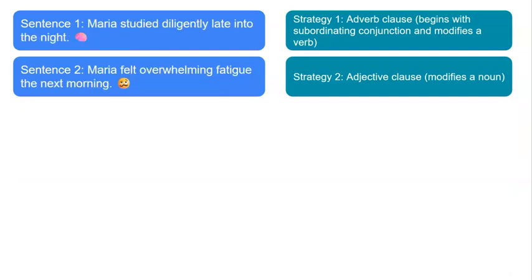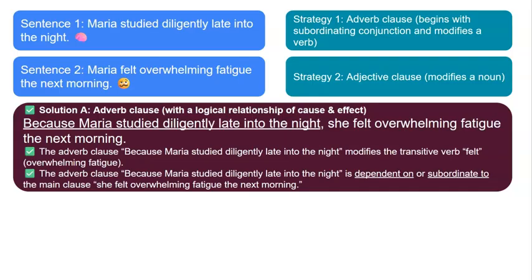And our final example is sentence 1, Maria studied diligently late into the night. And sentence 2, Maria felt overwhelming fatigue the next morning. Here you can pause the video and come up with your own solution. Okay, our first solution is an adverb clause with a logical relationship of cause and effect.